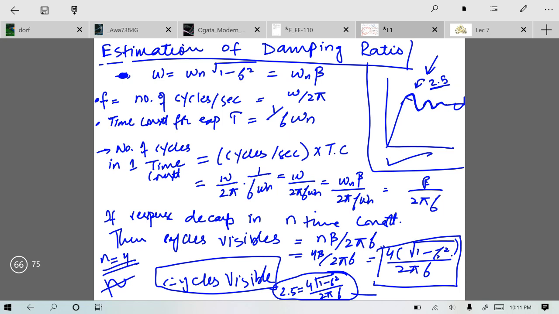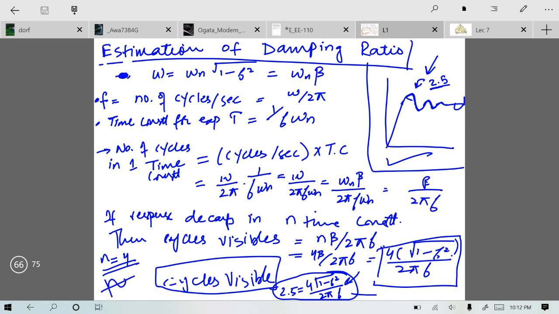If you estimate the damping ratio, you can know its range, and then you can estimate the type of response of the system as well: either it is over damped, under damped, or critically damped, based on the range in which the zeta you have evaluated lies. I hope you have got the point I was trying to make.